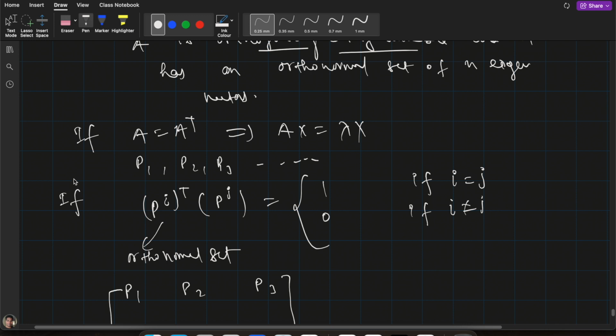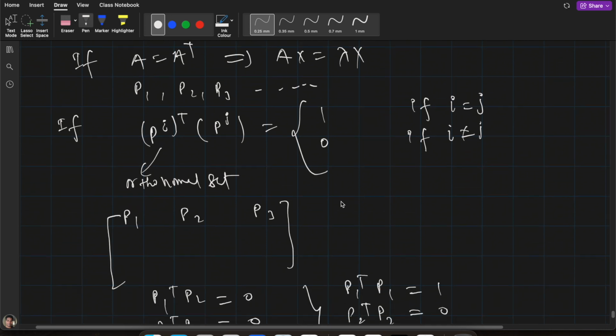So that's why I have written index i and j. You can see that when i and j are the same, then when you take the transpose, that will be 1, and when both are different, then that will be 0. It is nothing but these two vectors are actually perpendicular to each other. These two, these two, these two.